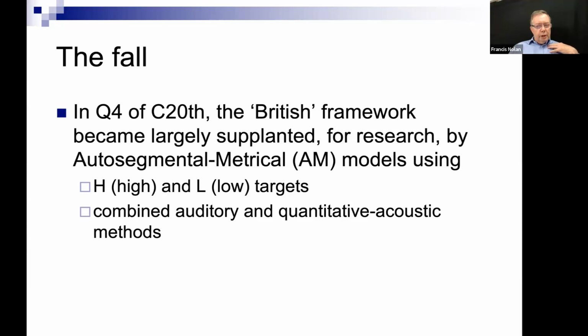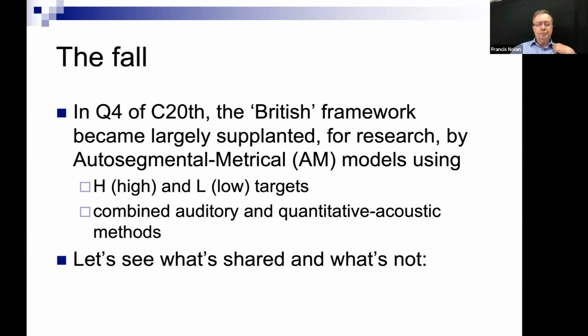Not just auditory analysis, but measurement, mostly on computers, because it was possible. Not that the auditory analysis went out the window, because most of the analysis within AM actually depends very heavily on the kind of auditory judgment of things that was used up to that point.